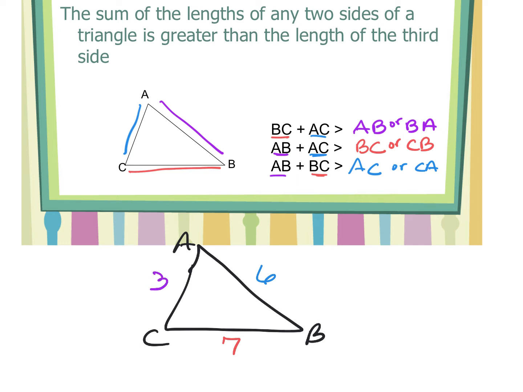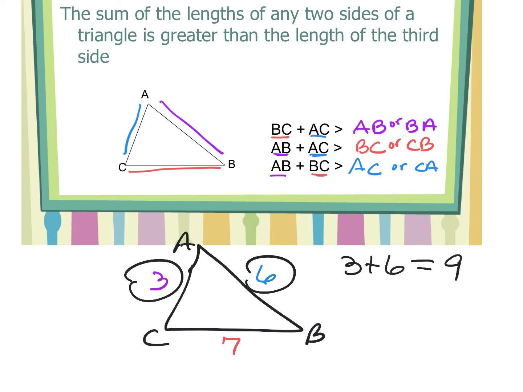So what this means is, the shortcut way to do this is always just to take the two smaller numbers that are given to you, and if you add them, that third side has to be less than that.